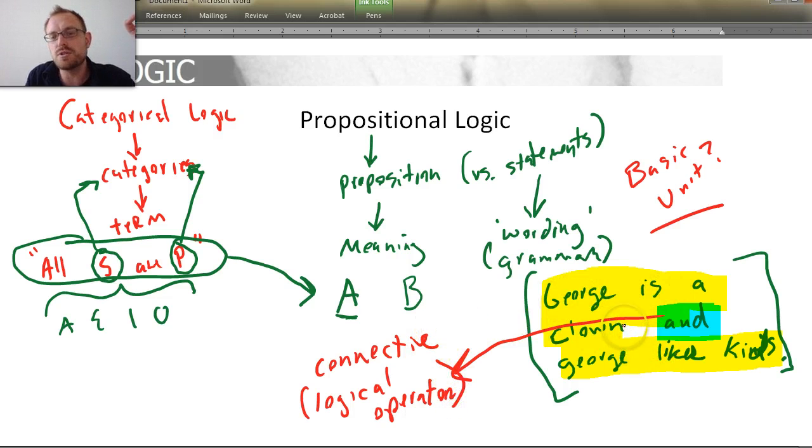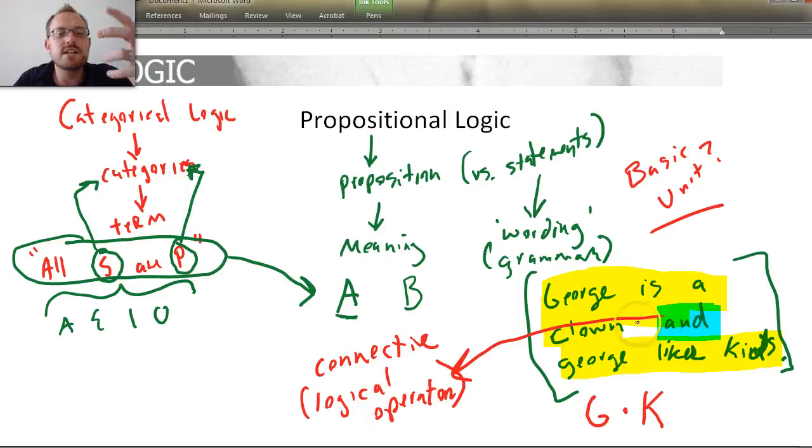Well, these two different propositions. So I could symbolize this statement as G for George is a clown, and you're going to see I put a little dot here to symbolize the connective, the and, then George likes kids, we'll just put a K here. So this G and K symbolizes this whole statement.